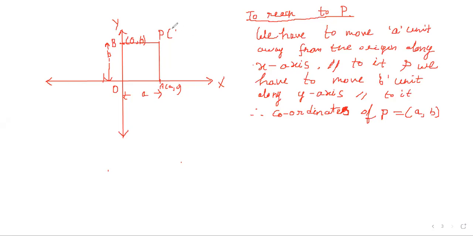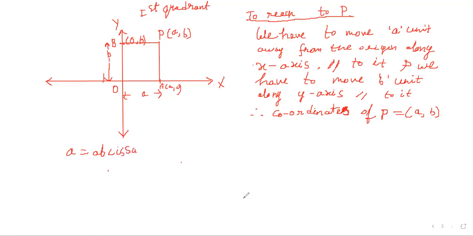Coordinates of P will be (a, b). And this is the first quadrant. Remember, this a is called abscissa.